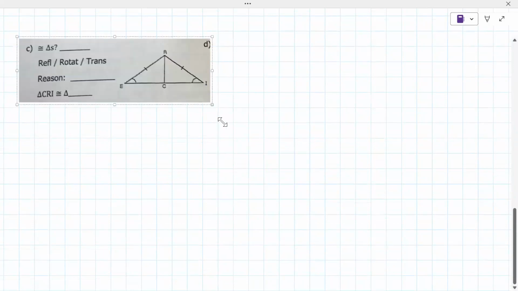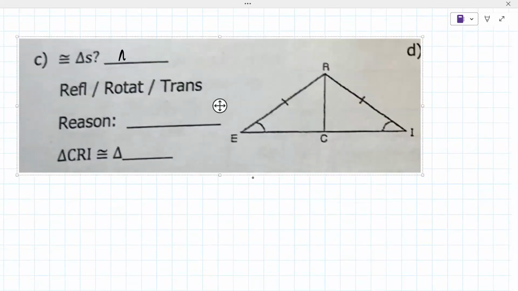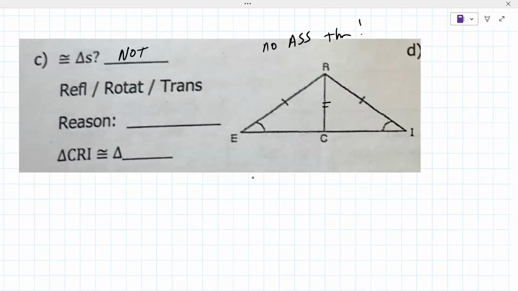Well, I take that back. These triangles are not congruent. Even though this side is congruent, there is no ASS theorem. So not applicable.